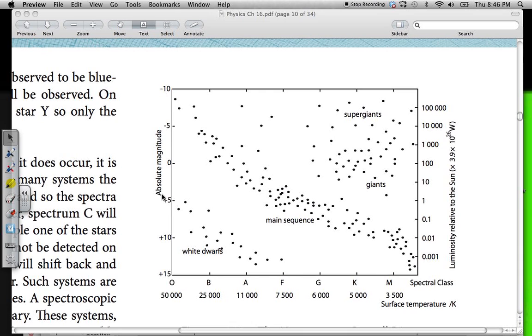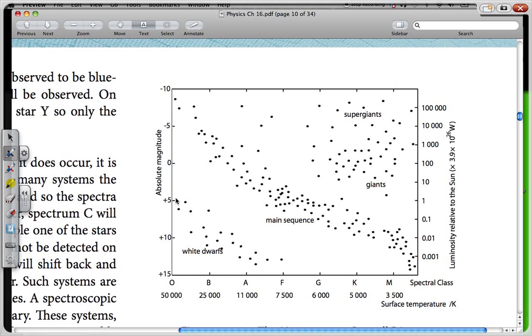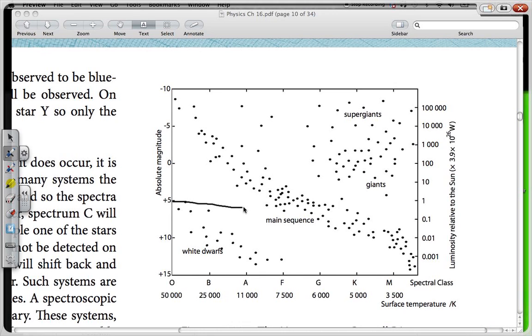So when you have a look at that, you'll understand this better. Our sun, for instance, would be about +5. So if our sun was 10 parsecs away from us, it would have an apparent magnitude of +5. I'll discuss that in another video.